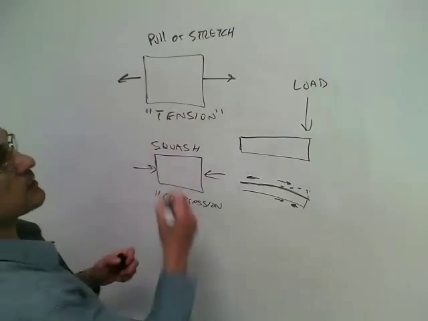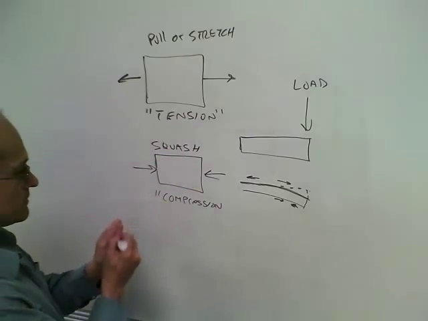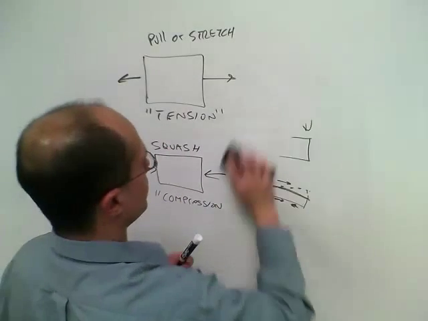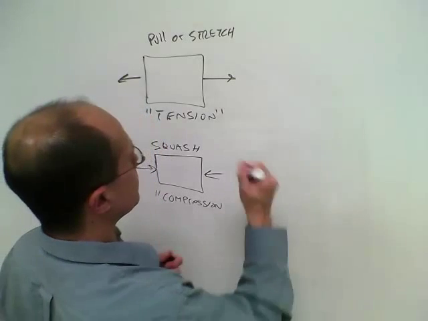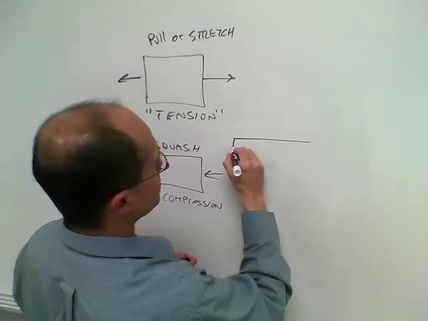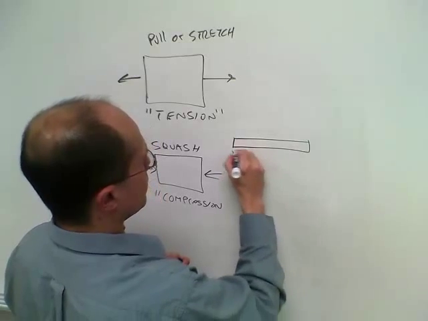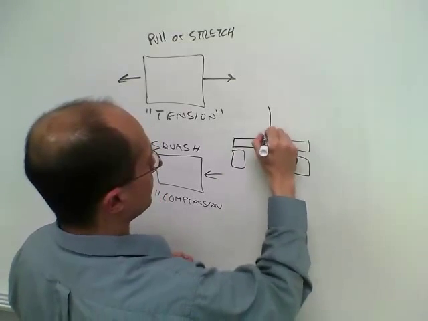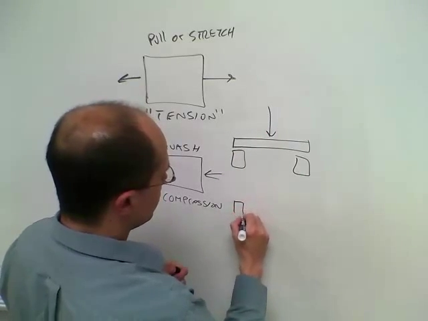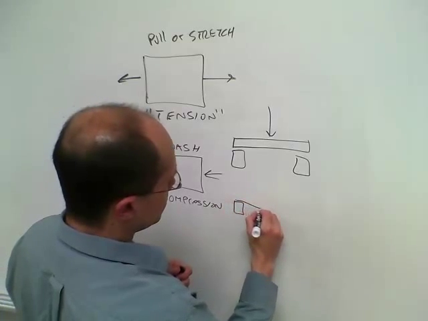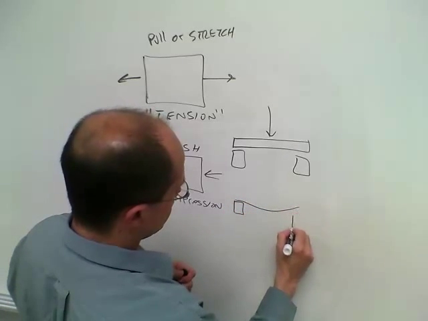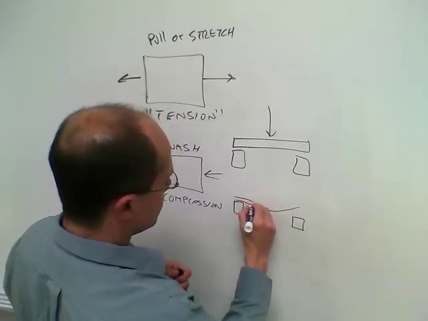So another case you can think about is if you had some beam like this, and you have your support, and then you drop some load here, then what happens? Well, this is exaggerated and drawn poorly.